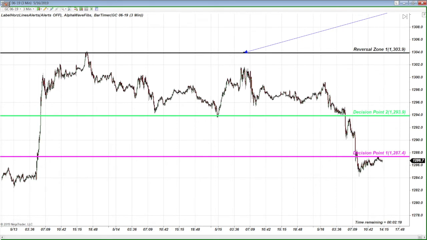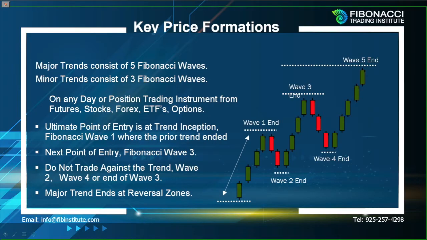The ultimate place to be: trend inception. Wave 1. Number 0 is everything. And if you know where that number is, you do not need anything else. You monitor for trend inception. And when the rules are met, you take a trade.